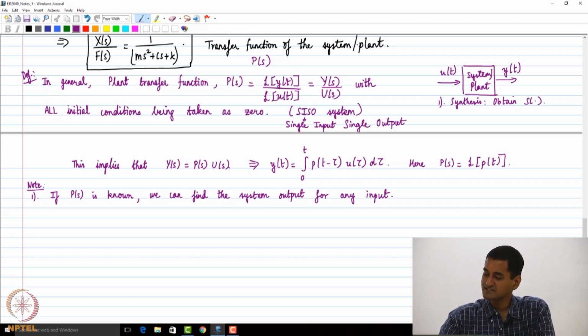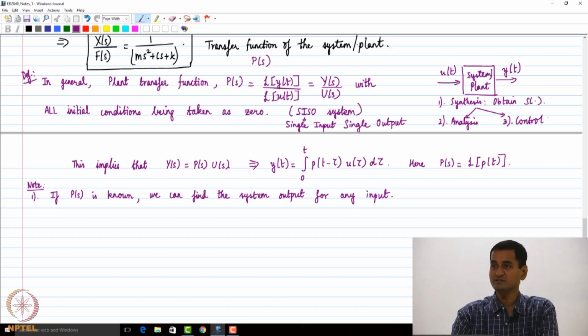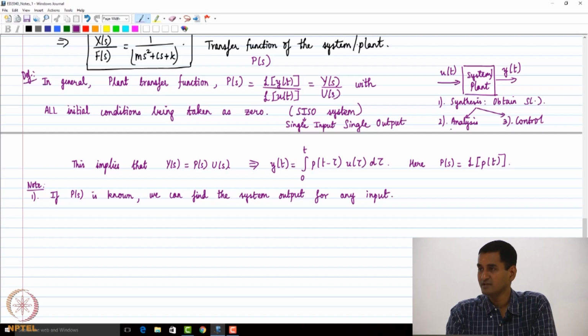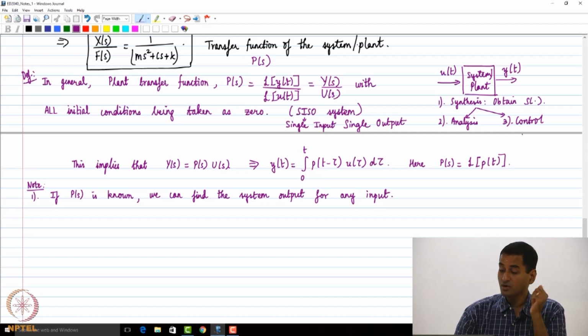Once I complete synthesis, we can do either analysis or prediction, and then we can do control. What was prediction or analysis? You give an input, I tell you what the output is. And what was control? I am given an output, and I have to find what input will get me that output. So we can do both once P of s is known.